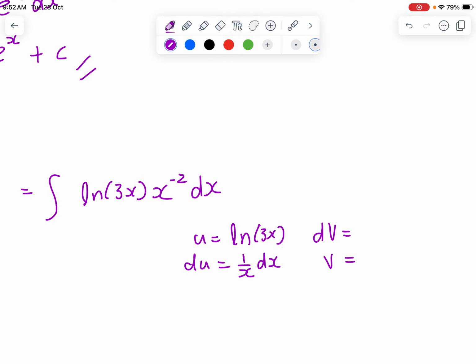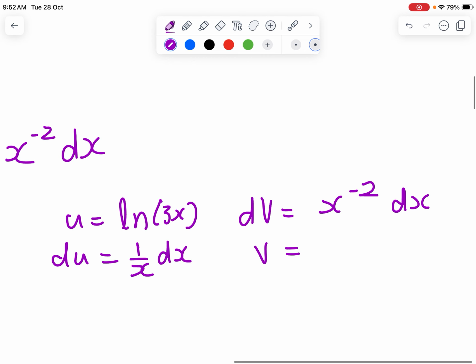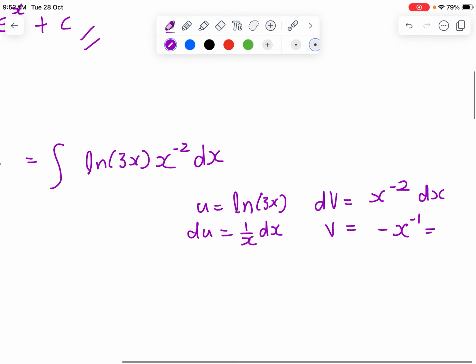So that means our dv is going to be equal to x to the power of negative 2. Then v would be equal to the integral of x to the power of negative 2, which is negative x to the power of negative 1, which is basically the same as negative 1 over x.